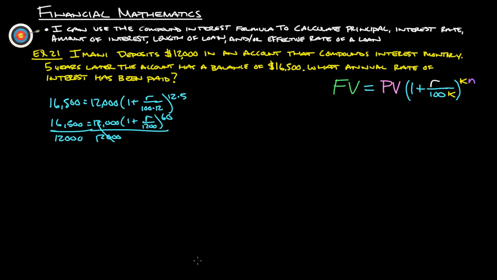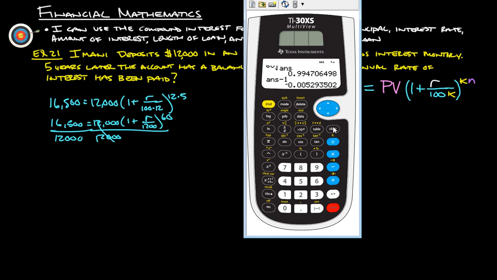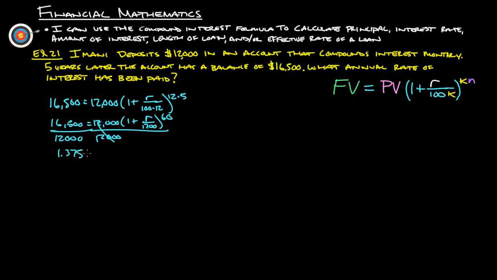So we take 16,500 divided by 12,000, and we get 1.375. And that's going to equal 1 plus r over 1,200, all to the 60th power.